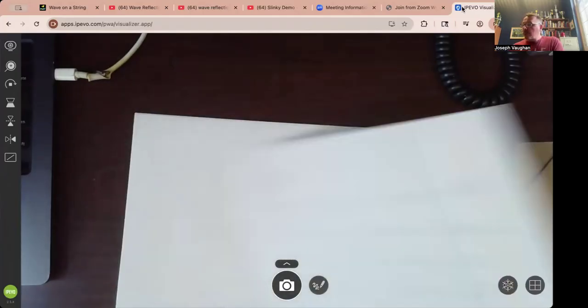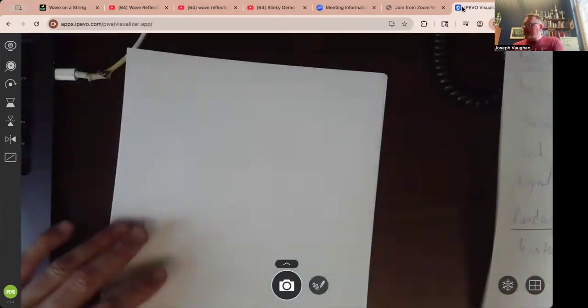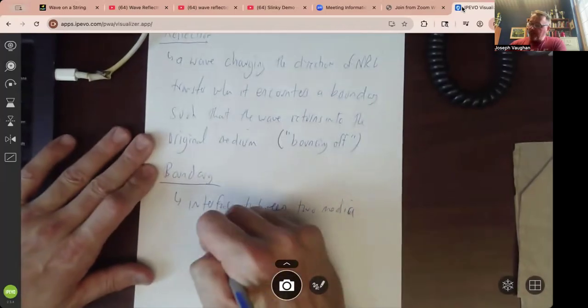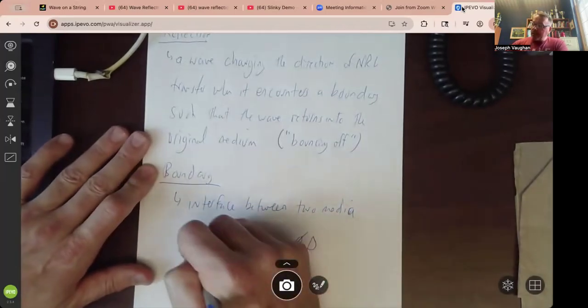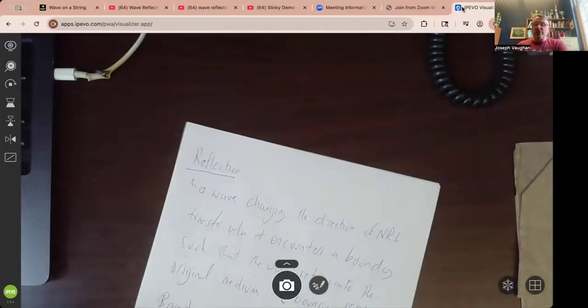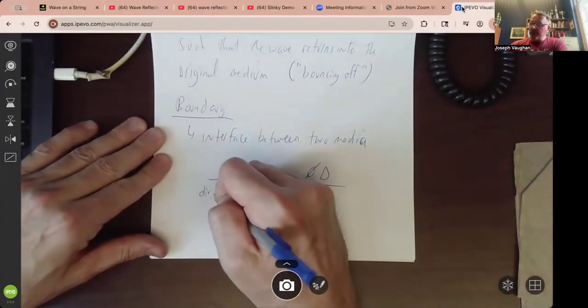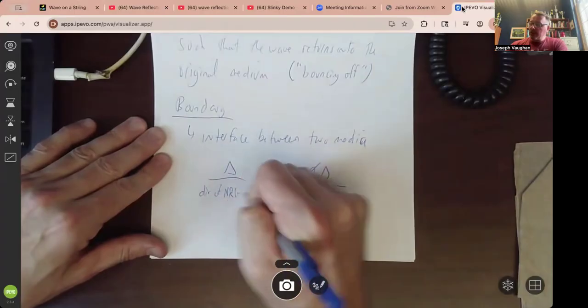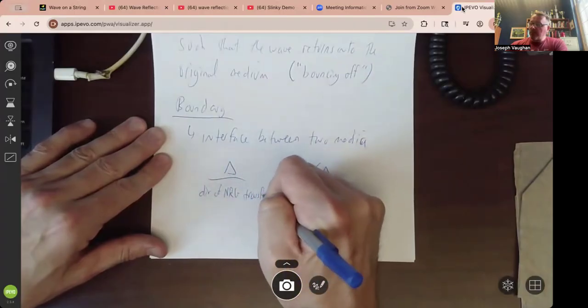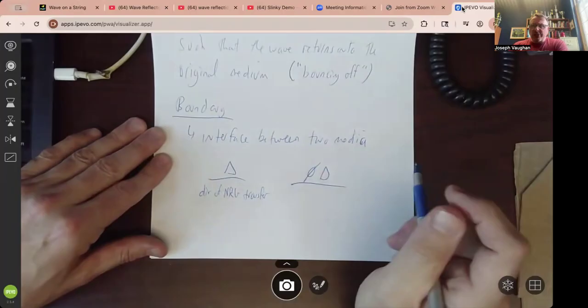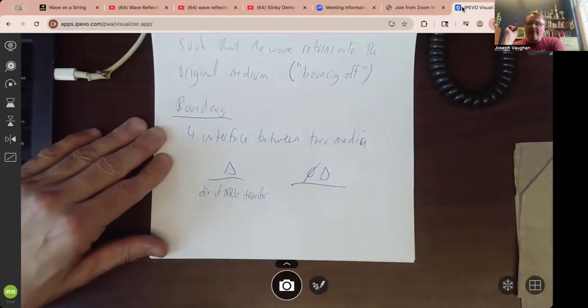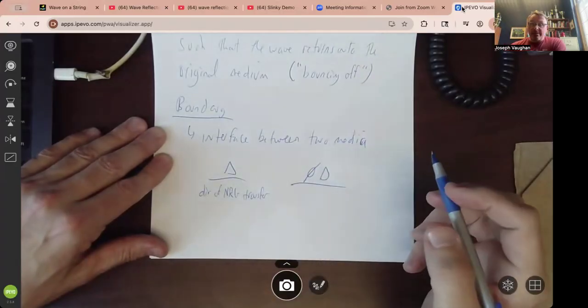Okay. So actually, before we go any further here, let's talk about what changes and what doesn't change in reflection. Well, what changes is the direction of energy transfer. What doesn't change is, if I'm traveling along the slinky and reflection says I come back into the slinky and go the other direction, the medium didn't change.